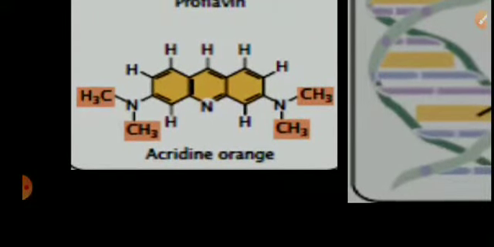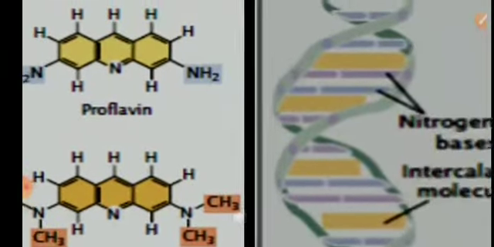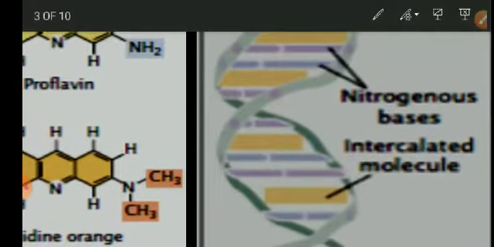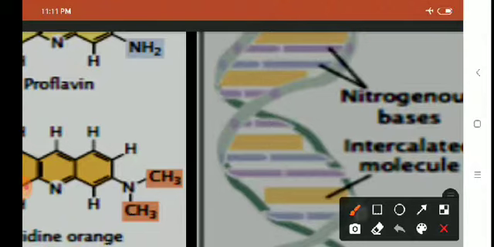This is an example of acridine orange. And look at this. This is the structure of DNA. The purple color shows the nitrogenous bases, and wherever I am pointing, these are the intercalating agents.